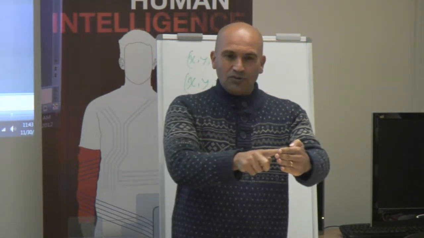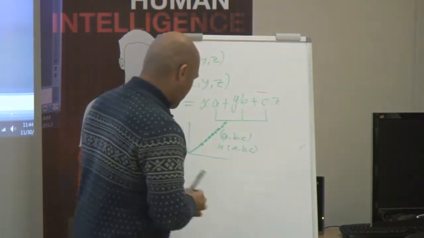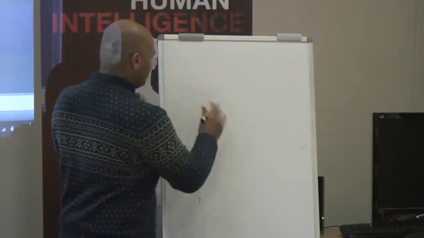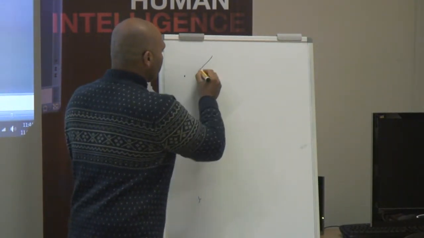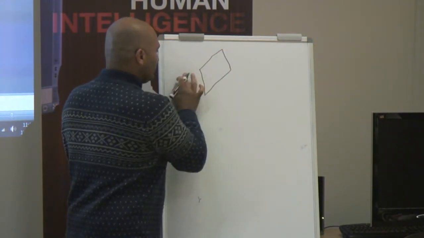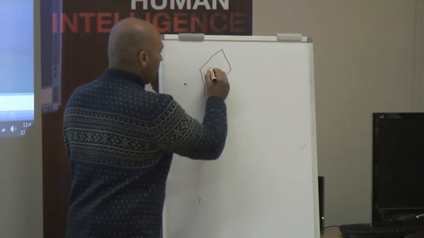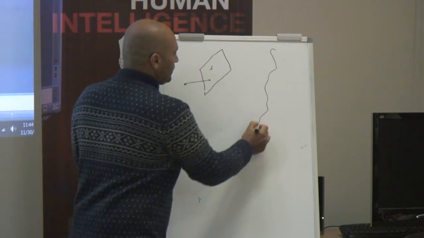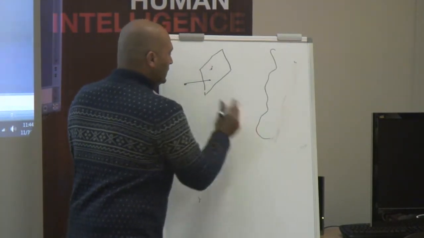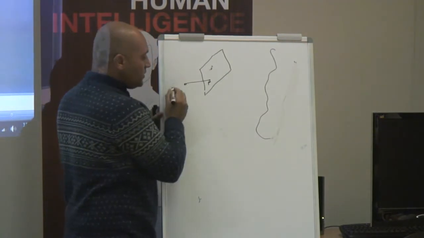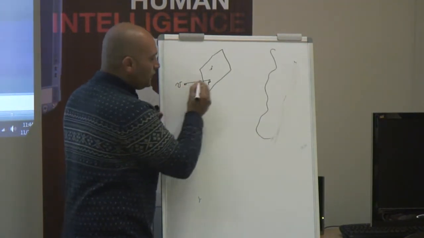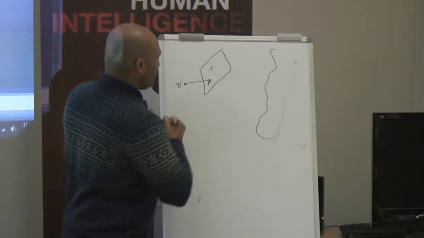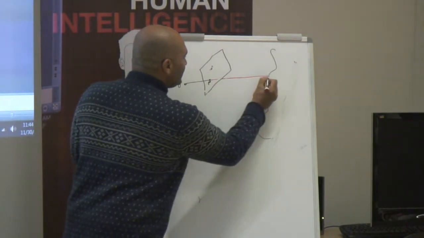If I take a point going through the center of this pixel, this is the pixel, and this is the viewpoint I'm talking about. So this image came from this point in the world.